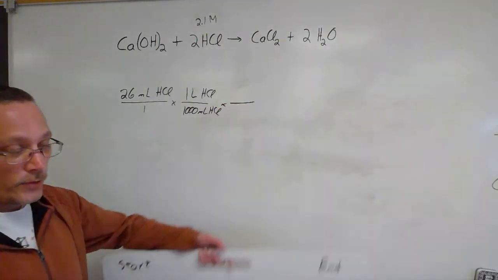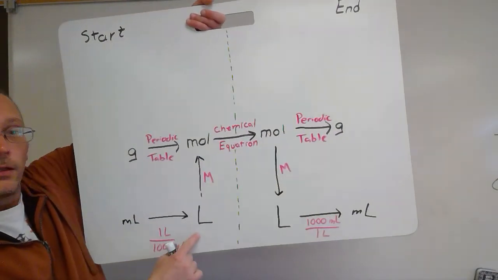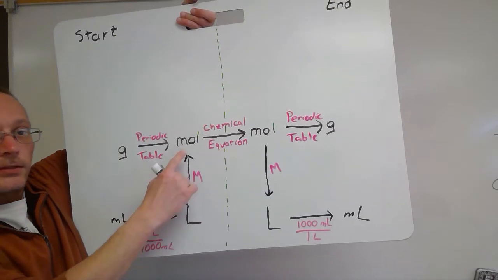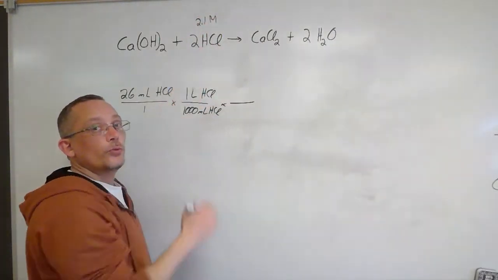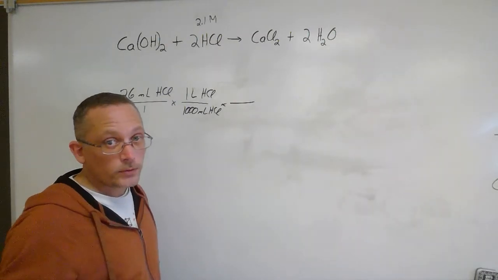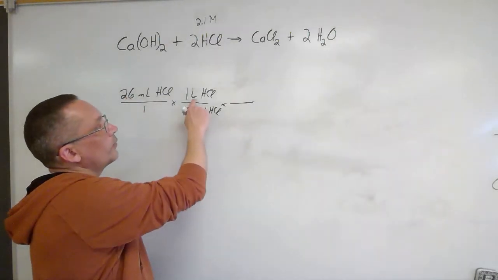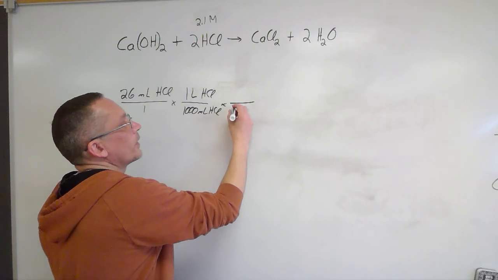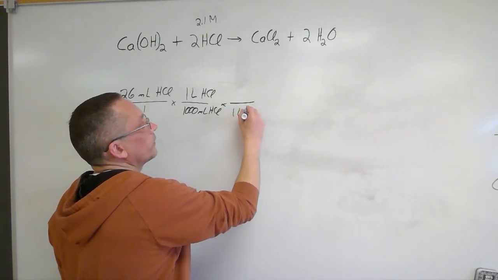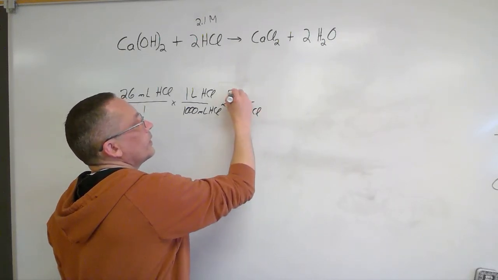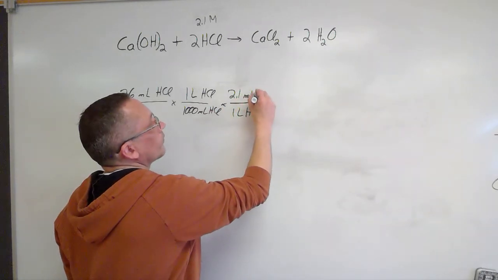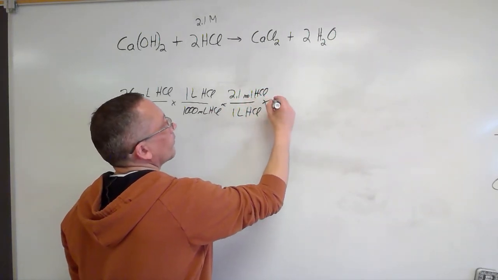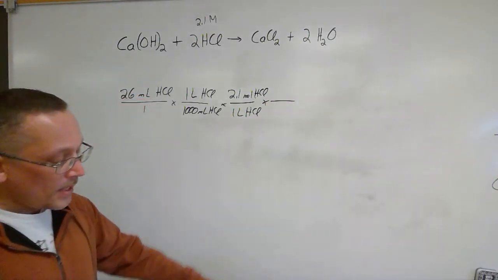Okay. Now we said from there, we're going to use the molarity to get to moles. So the molarity of that solution was 2.1 molar, so it's 2.1 moles to 1 liter. I'm going to want the 1 liter on the bottom. So I'm going to put 1 liter and 2.1 moles. Okay.